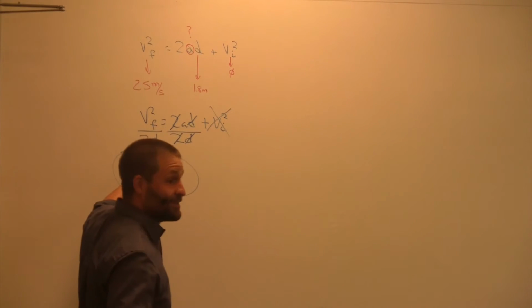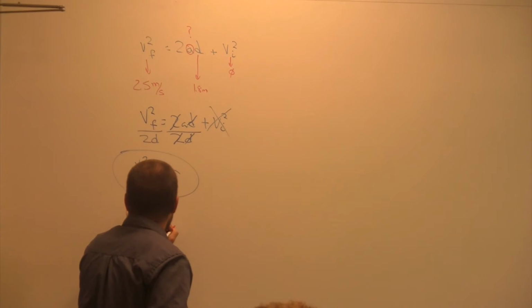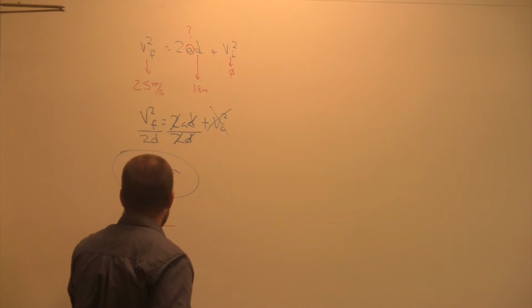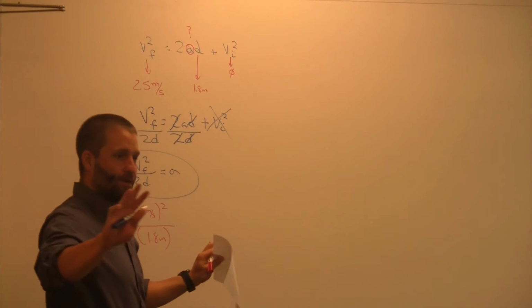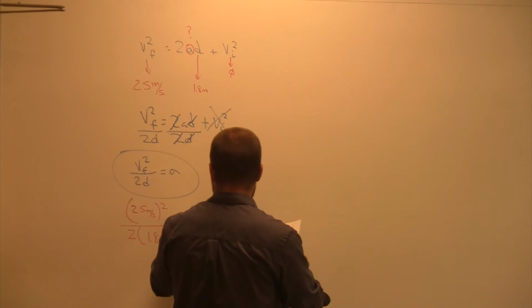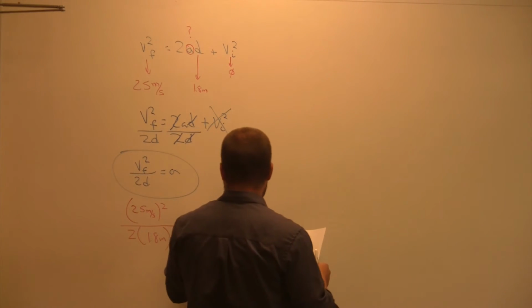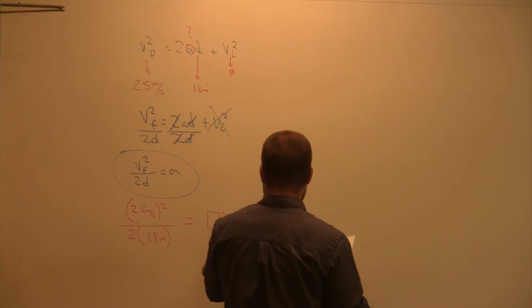What's this mean? Squared. Yes, very good. Times 2 times my distance, which is 1.8. Everybody okay? Now check this out. When you plug it into the calculator, I got 173.6 meters per second squared.